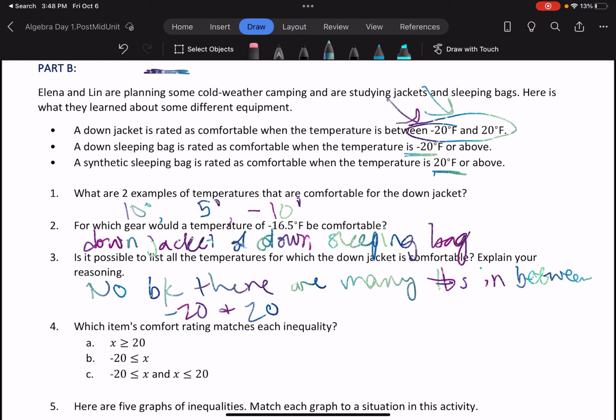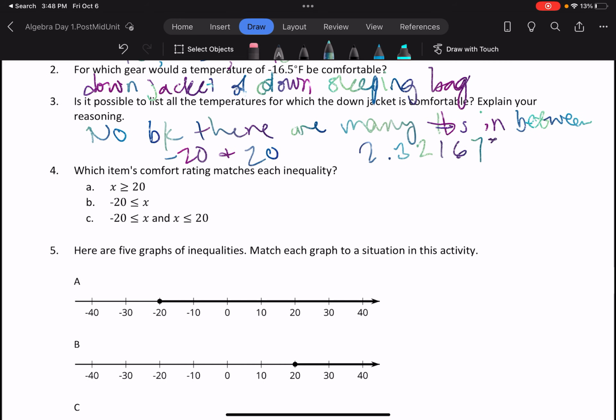So yes, we could say there's 1, 2, 3, 4, 5, 6, but there's also like 2.3216 degrees, right? And so for us to list out every single number between those numbers is going to be quite impossible.